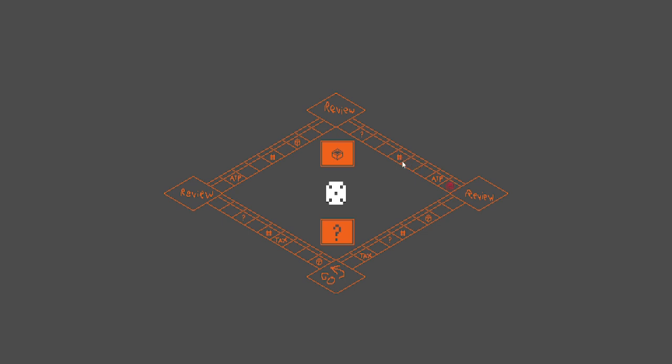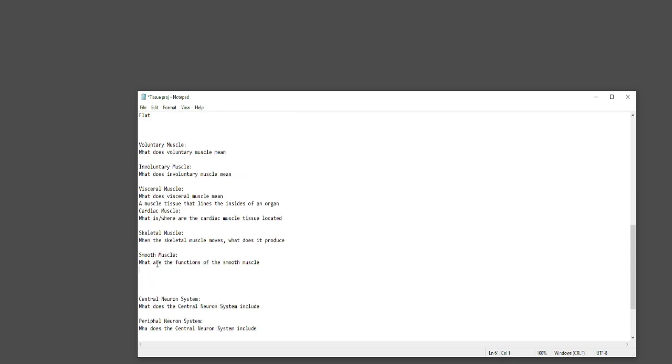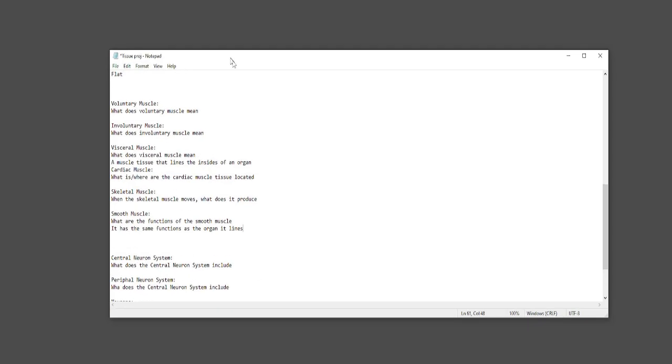Roll again. 5. What are the functions of the smooth muscle? It has the same functions as the organ it lines. 2. I'm still going to do a review.